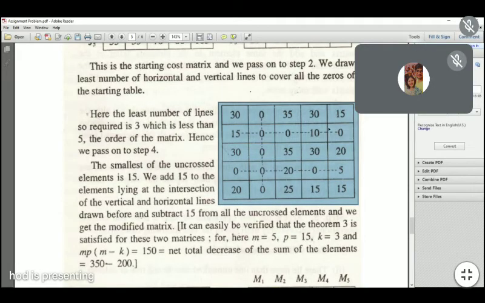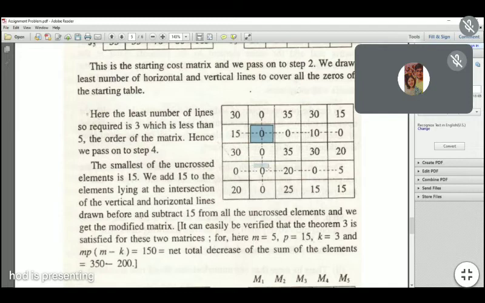And add this value 15 to the intersections of the horizontal and vertical lines, okay? That means I will add 15 here at the intersection, and I will add 15 here at the intersection. At both these places I will add 15, okay? Now the obvious question you will ask me is, but ma'am, what is the benefit of doing this, why are we doing this? So what was my problem?